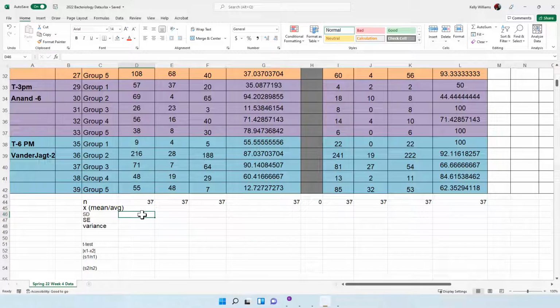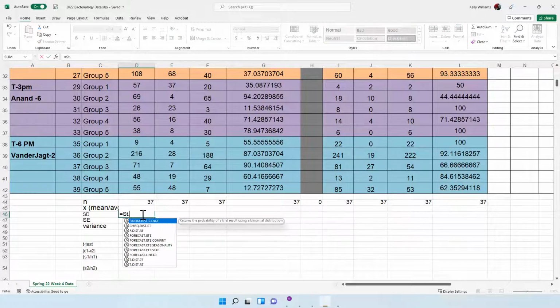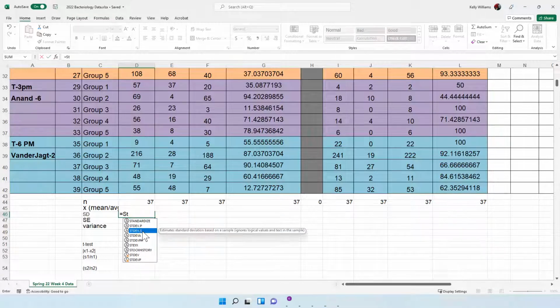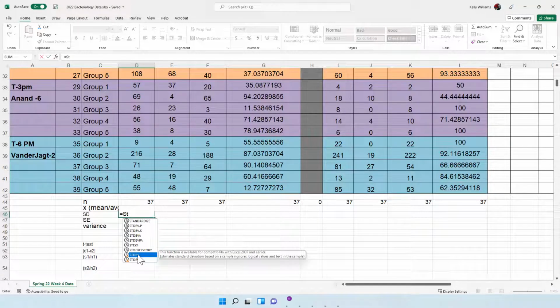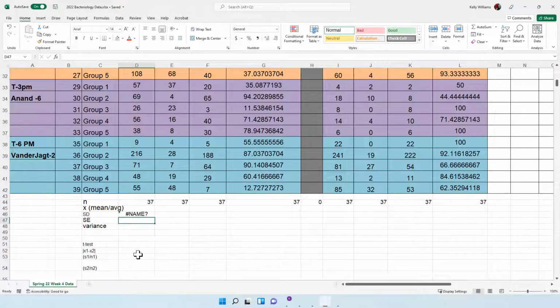For standard deviation, it's going to be equals standard dot deviation. I think dot deviation, maybe not. Oh no, not dot. Standard deviation. I'm going to use this one down here. Oh, nope, it doesn't like that one.